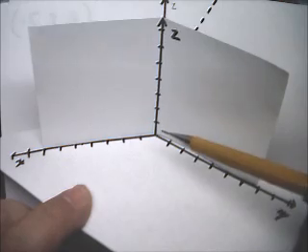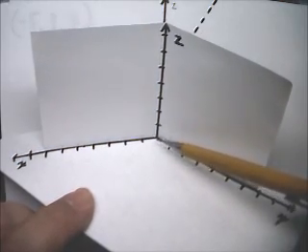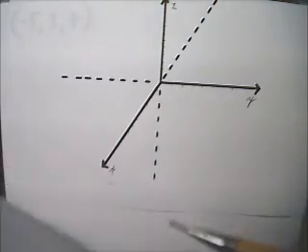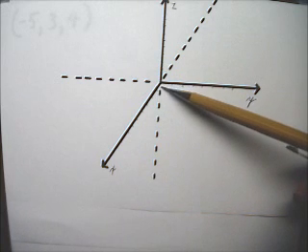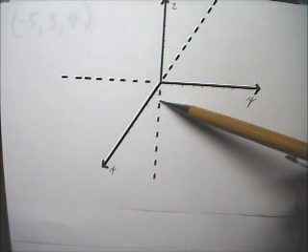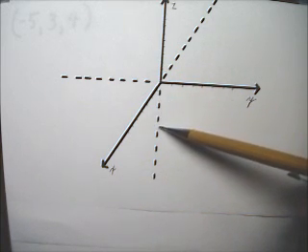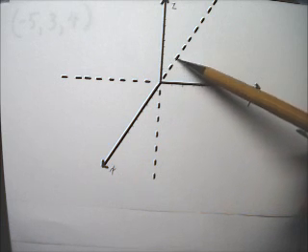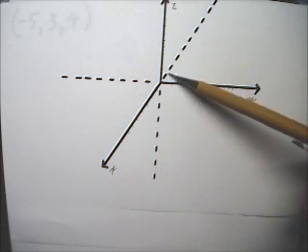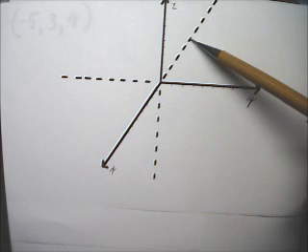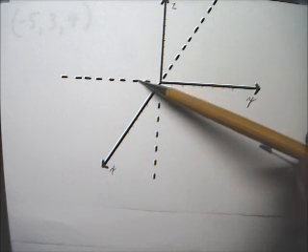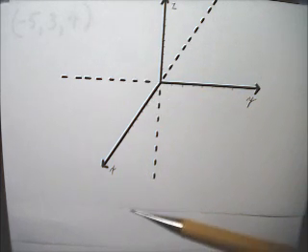Now, if z was negative, we would have to imagine it going through the floor. See, and that's what's going on here. The z-axis is going through the floor to be negative. Over here, the x-axis goes through the wall into the next room, and that's where that's negative. And same thing with y over there.